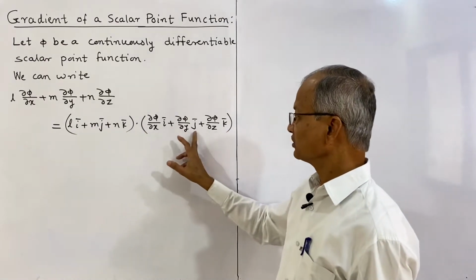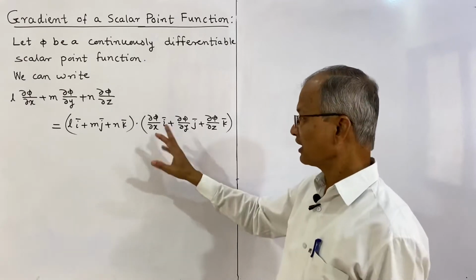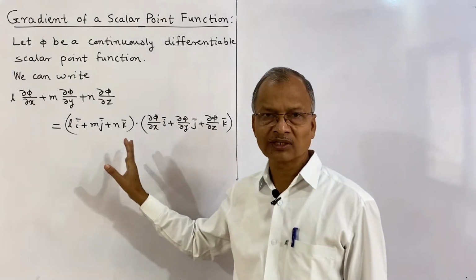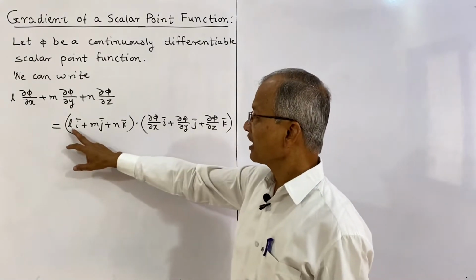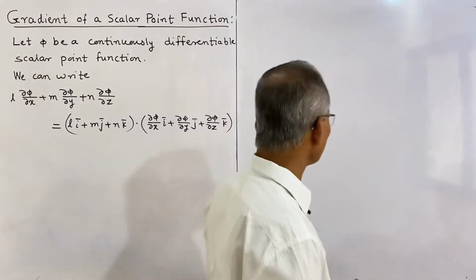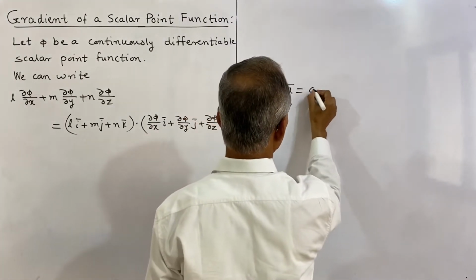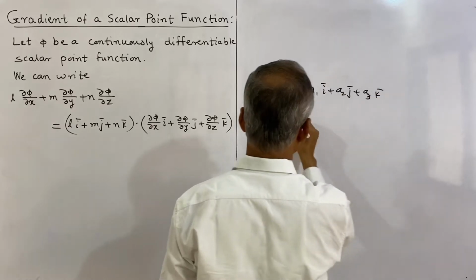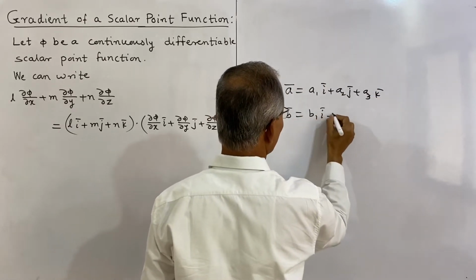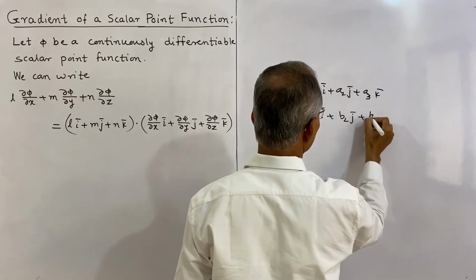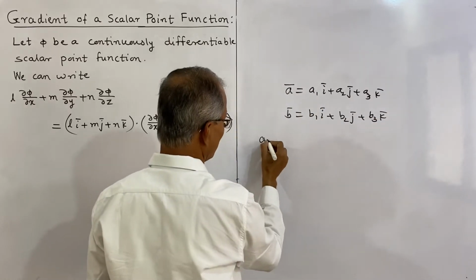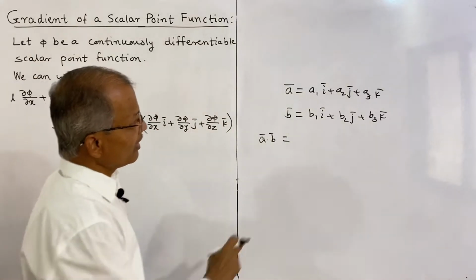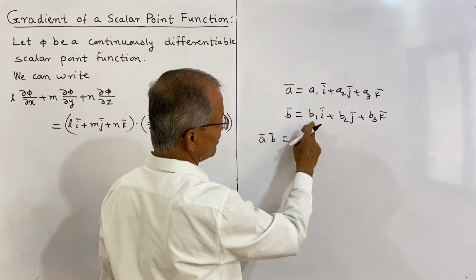But i dot j, i dot k, j dot i etc., the dot products of different unit vectors perpendicular to each other, are 0. So if you consider the vector A as a1 i plus a2 j plus a3 k and vector B as b1 i plus b2 j plus b3 k, then their dot product, vector A dot vector B, is equal to a1 into b1, because i dot i is 1.